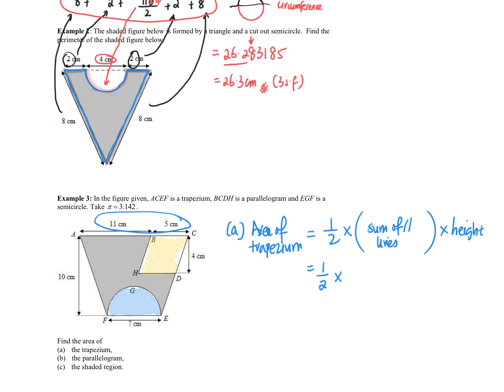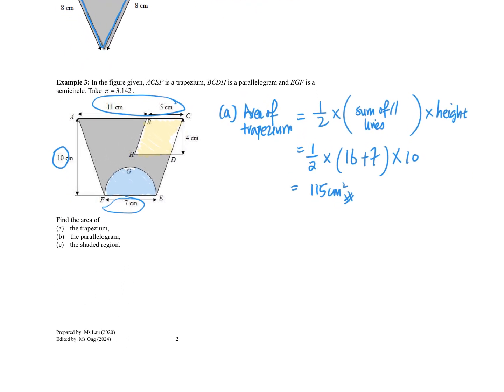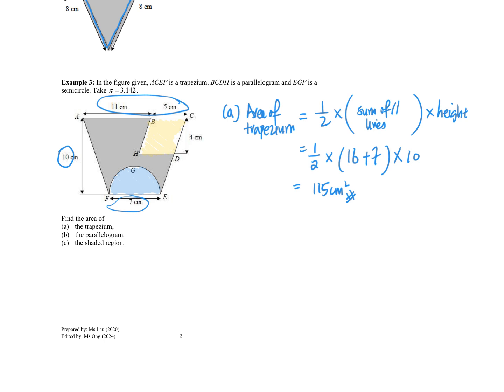So this one is 16. And then this is 7. So the height is the perpendicular height between them. So it's 10. Don't go and choose any other thing. So you should get 115 cm square. Okay.